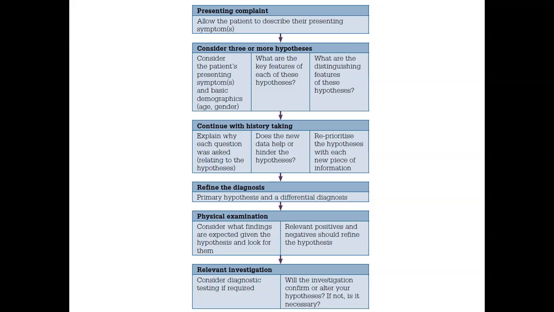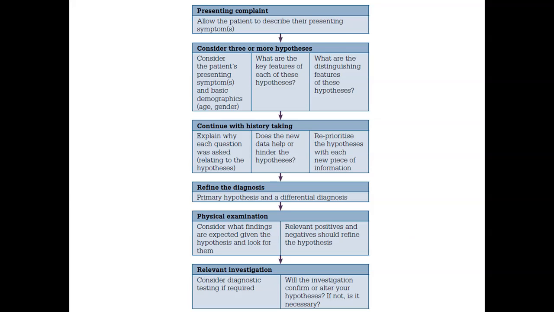After we finish asking those extra questions, we ask ourselves, now that I know the whole HPI, and I know the past medical history, and a little bit of the social history and family history, does any of that make a difference? So we reflect, we reanalyze, we reframe. Does any of this make any sense?